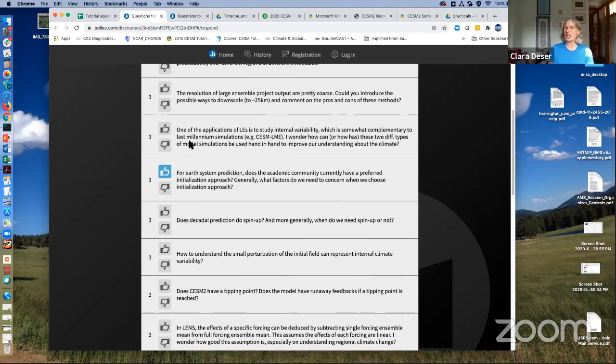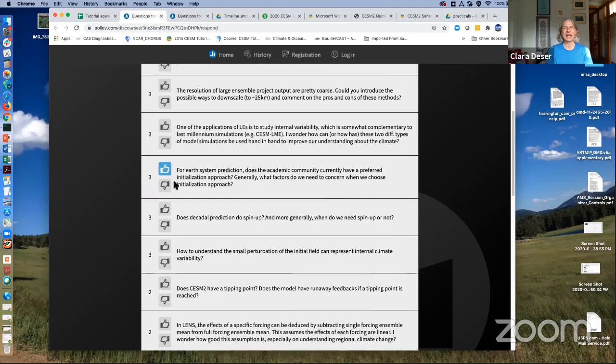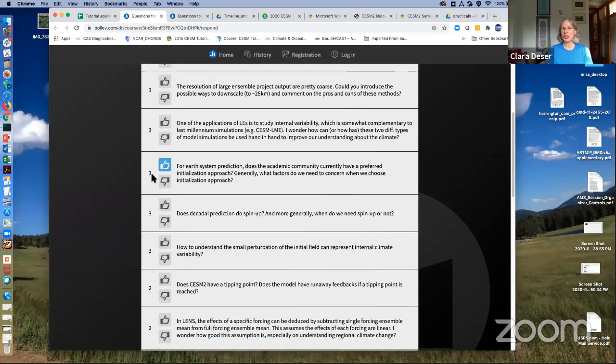Oh, that's a nice question. I'm sure John has comments. I think it would be very nice to use them hand in hand. I think an interesting and new area now that is opened up by these large ensembles is to address whether the internal variability, the characteristics of it, the patterns, the timescales, the amplitudes, does depend on the external forcing.